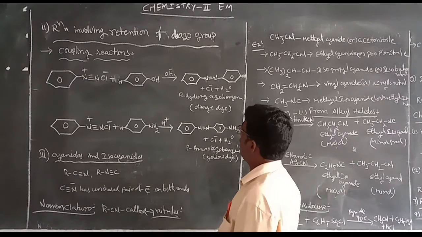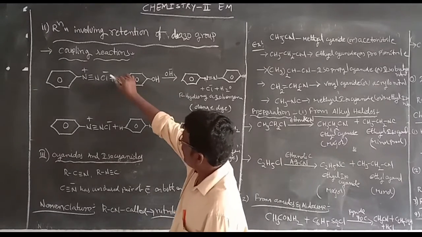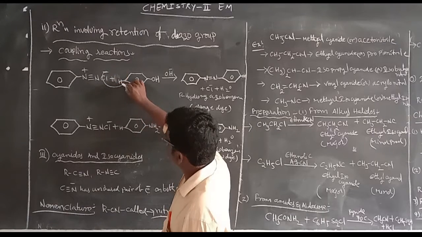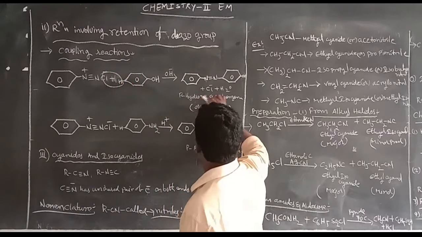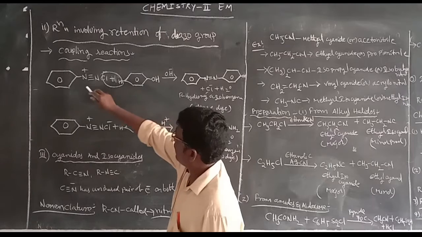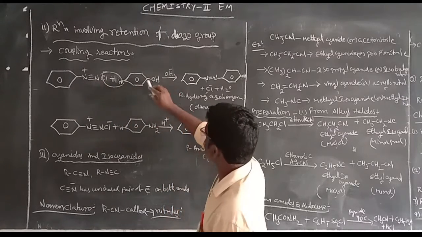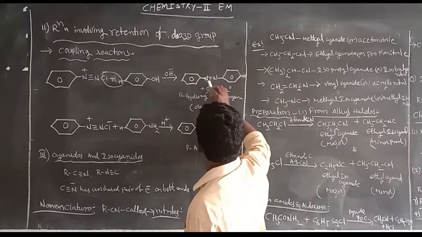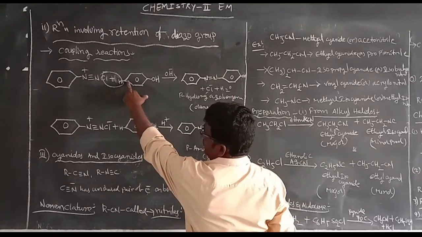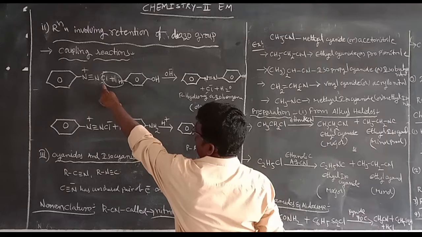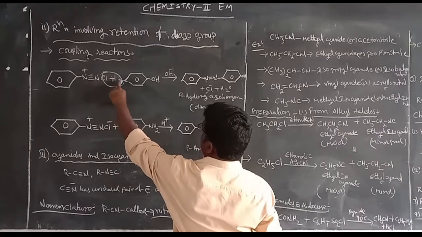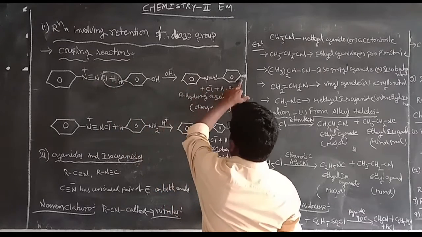Then H and Cl are removed, forming HCl. The N triple bond N becomes N double bond N, linking the benzene to the other benzene bearing the OH group.